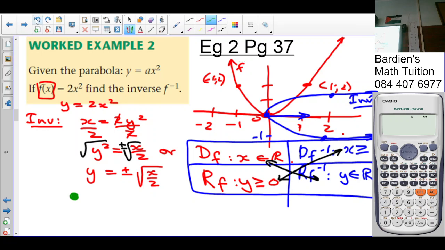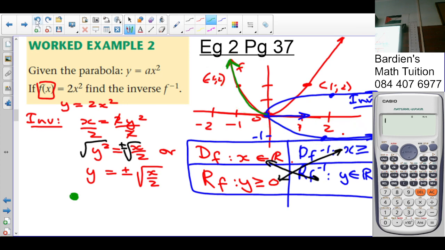So if you take this part into account here, remember the 0 and 0? Negative 1 and 2 becomes 2 and negative 1, which is that point there. If I take only this part of the graph, would its inverse be a function? Yes.